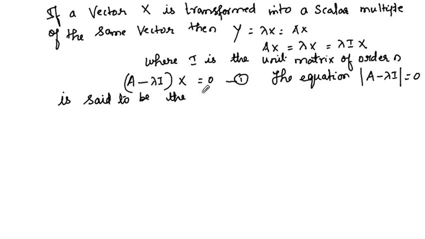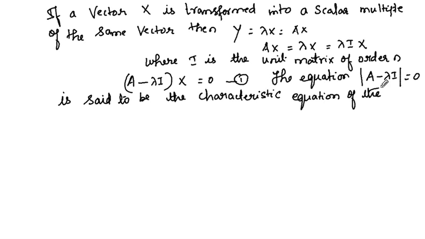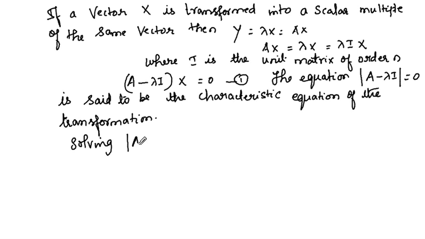All these n roots we call characteristic roots or eigenvalues or latent values of the matrix A. So solving determinant A minus lambda I equal to 0, we get the eigenvalues.